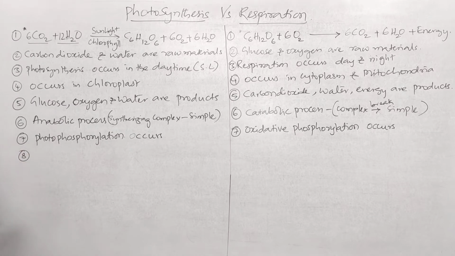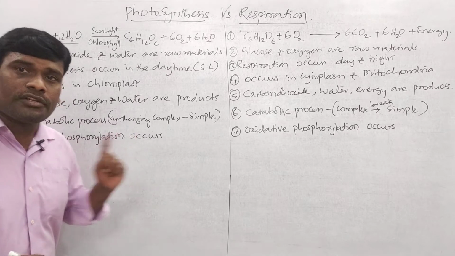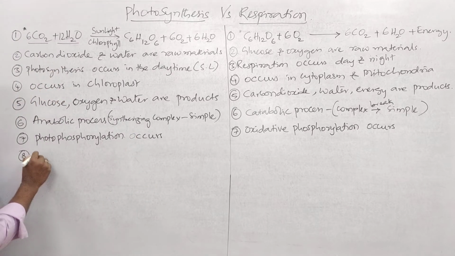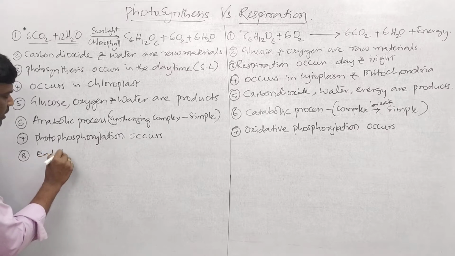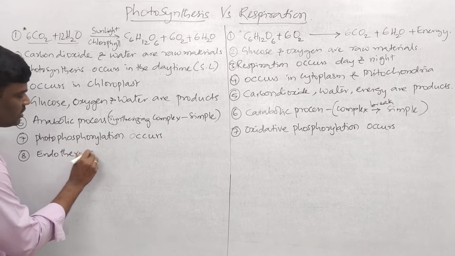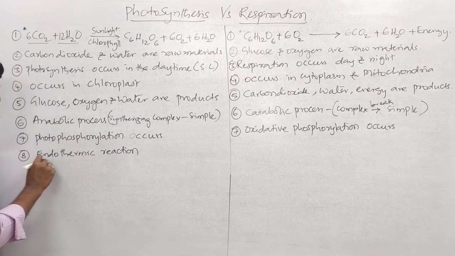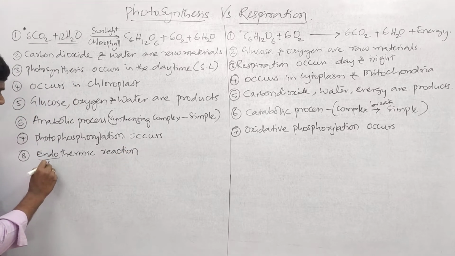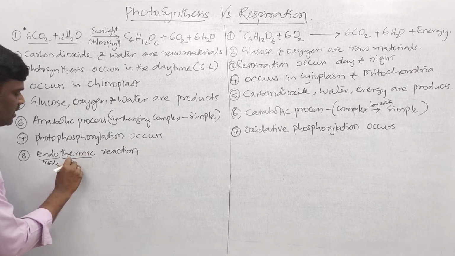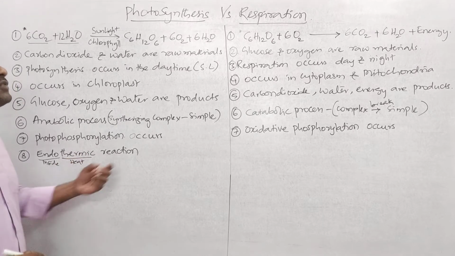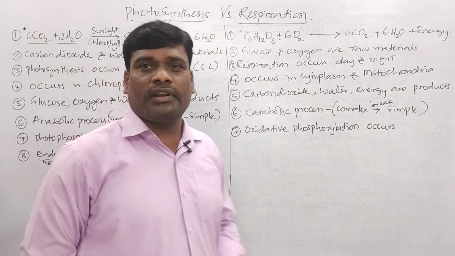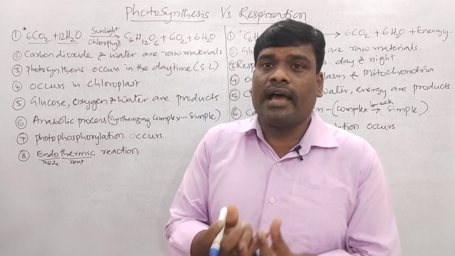What is that eighth point? It is an endothermic reaction. Photosynthesis is an endothermic reaction. What is this endo? Endo means inside. Thermic means what, children? Heat. So these photosynthesis reactions, children, they absorb the sunlight.